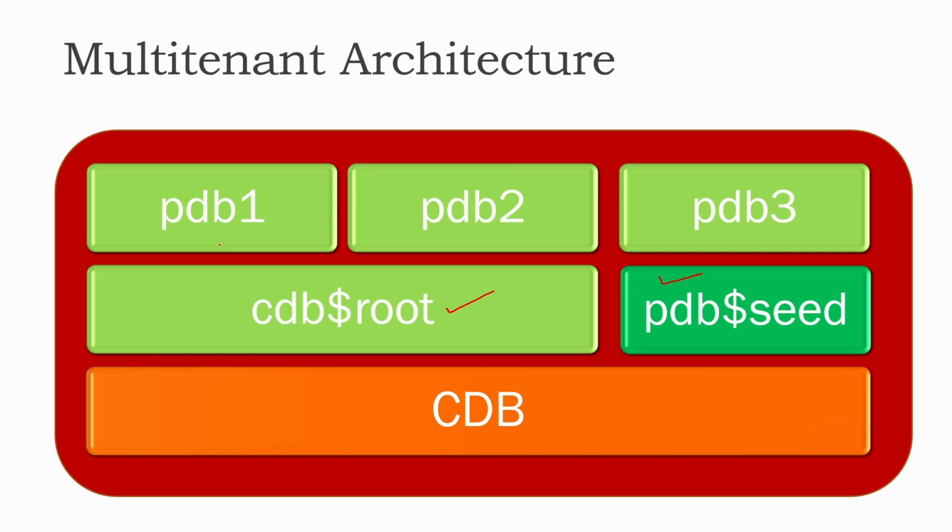Oracle introduced this feature in 12c, 12.1. From there onward, we have this multi-tenant architecture, and we can create multiple databases within our CDB. So this is a container, and within the container, we can have further databases.